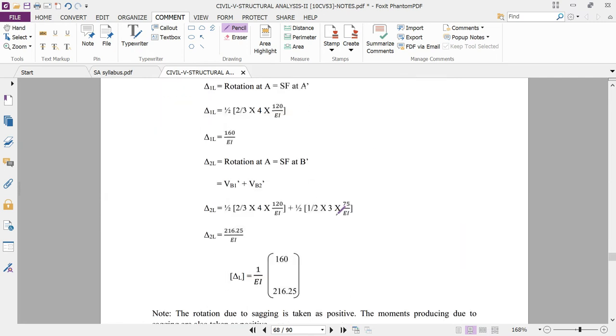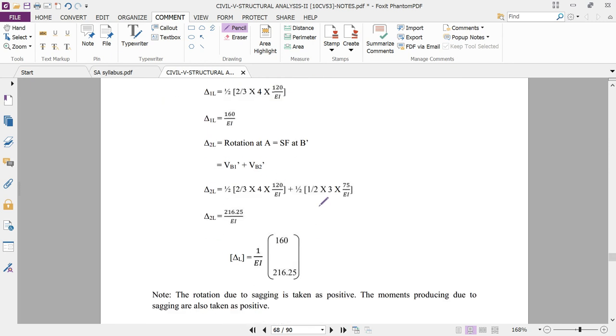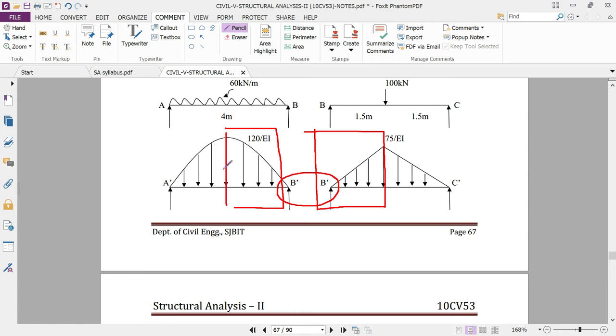Therefore we have considered half base into height of this particular area and 2/3 into base into height of this particular area, and we multiply it by a half because we are interested in calculating the half portion.